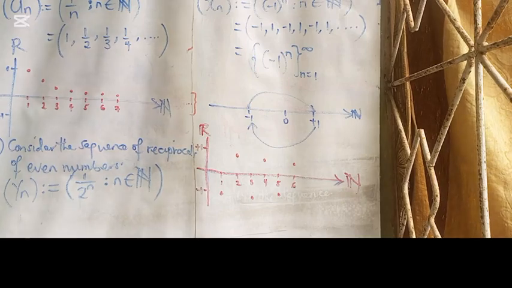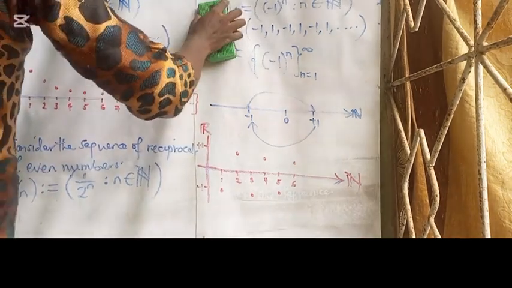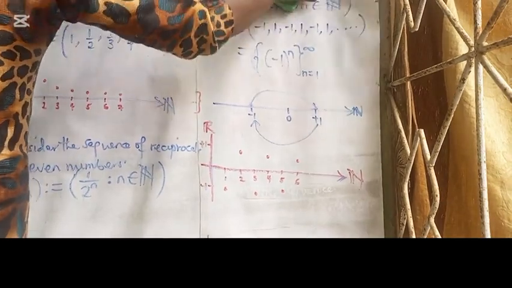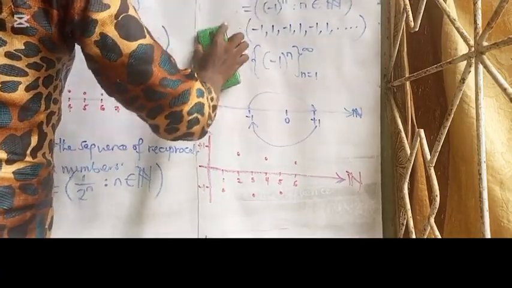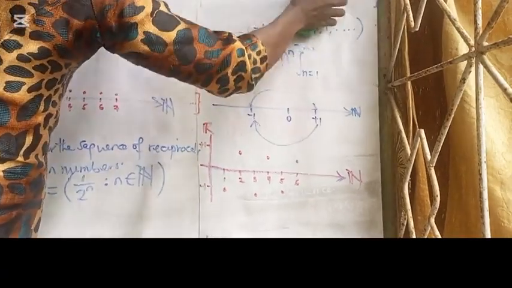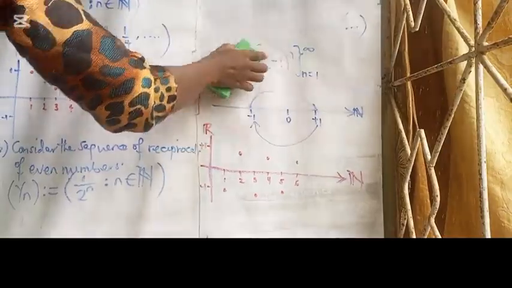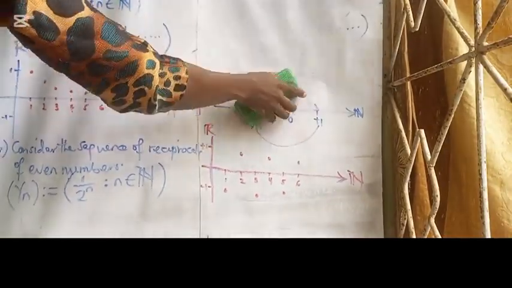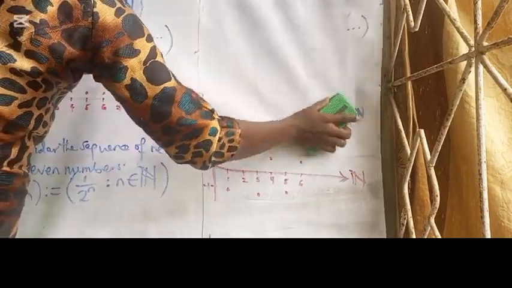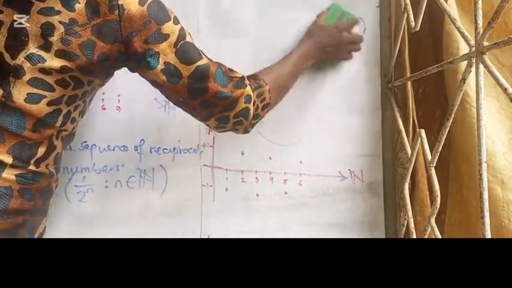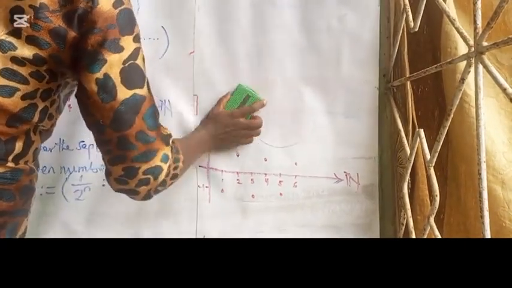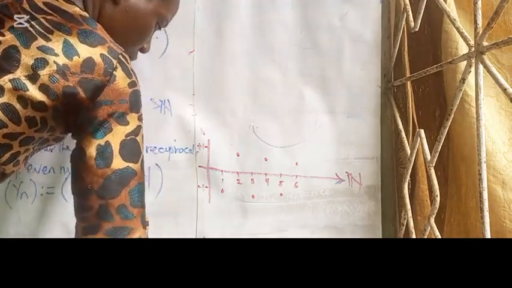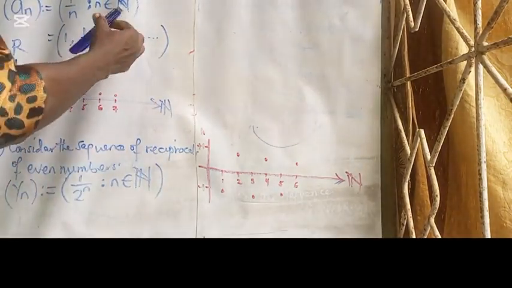What will be the terms of this sequence? You can take a look at it and begin to think what is happening to that sequence as n grows bigger and bigger.